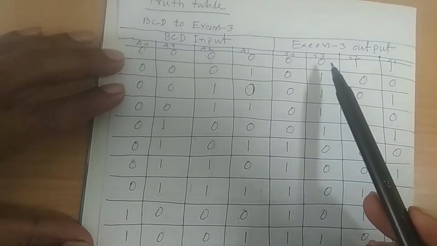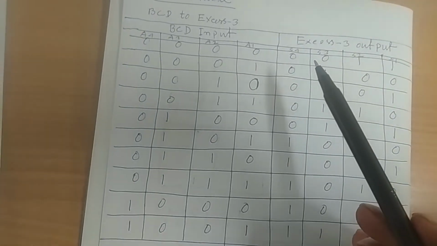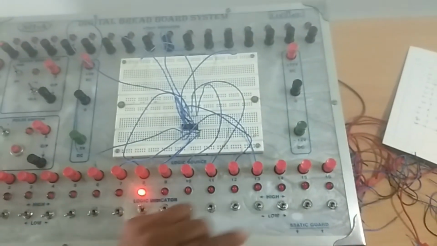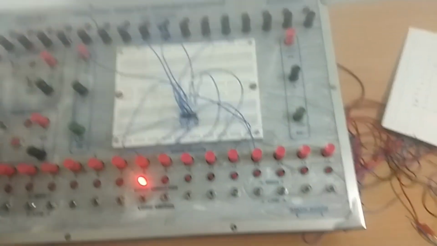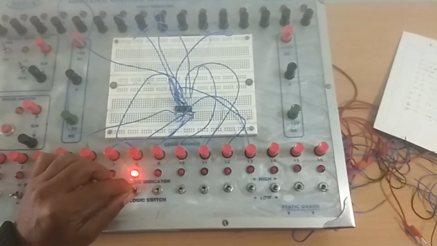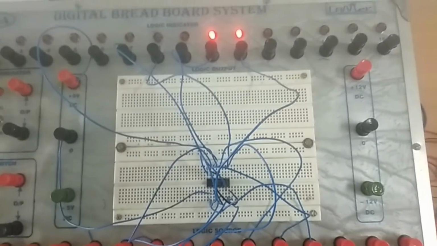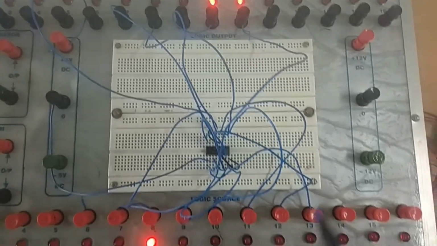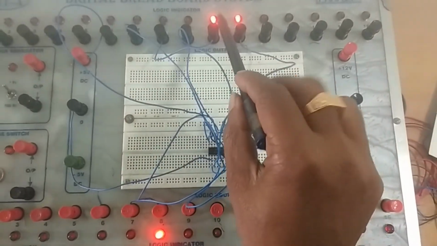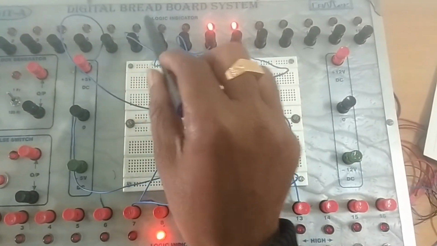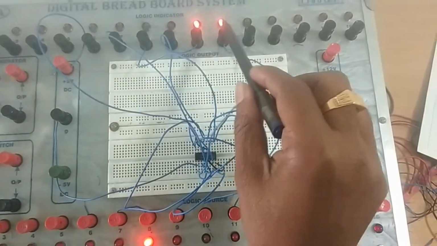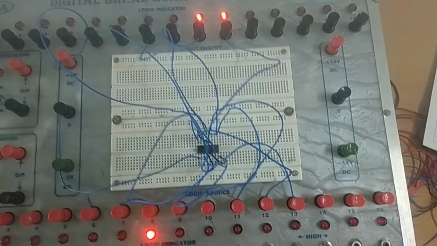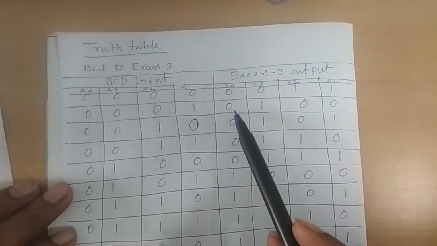XS3 means plus 3. This is S4, S3, S2 and S1, which means 0 0 1 1, as I have shown in the truth table.